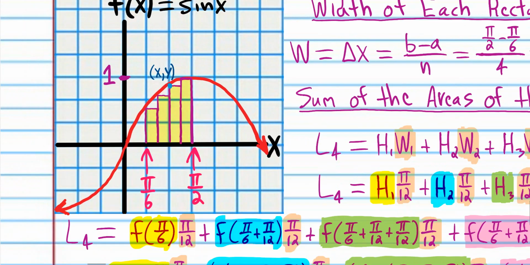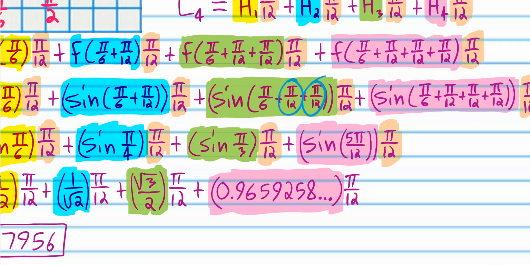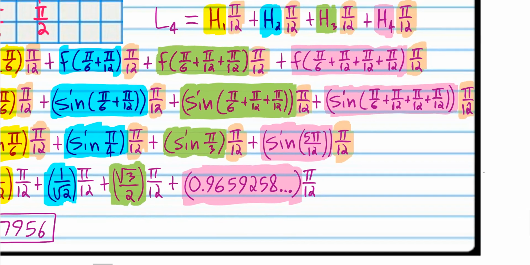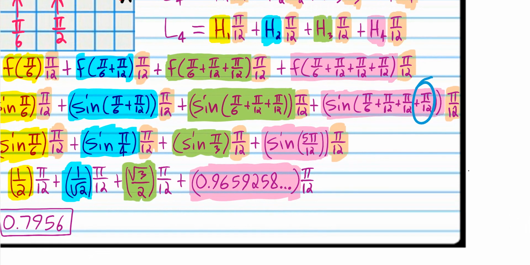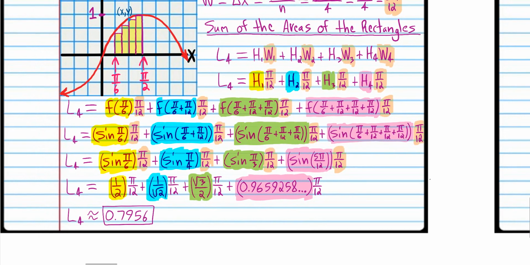We plug it into the function, and we've got the height. So we added pi over 12 twice. Notice that we're adding the width over and over again of the rectangles. Then we just add the width again to get to the x value of the next point, and plug it into the function. That gives us our pink height, and then we just multiply the height by the width.